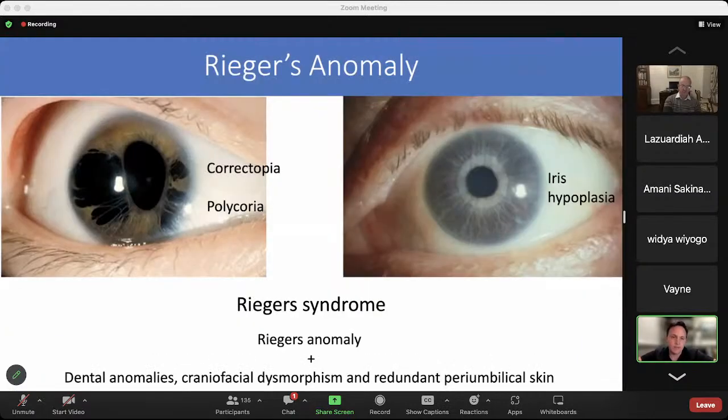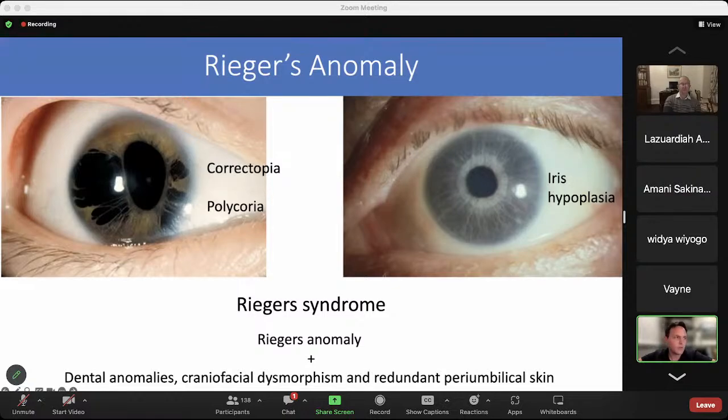Then there's Rieger's anomaly, which may or may not be associated with an Axenfeld anomaly. And that's to do with the iris changes that we see in this condition. Classically, you see corectopia, so a displaced pupil, polycoria, so big holes in the iris that have developed, and they can progress over time, and also iris hypoplasia.